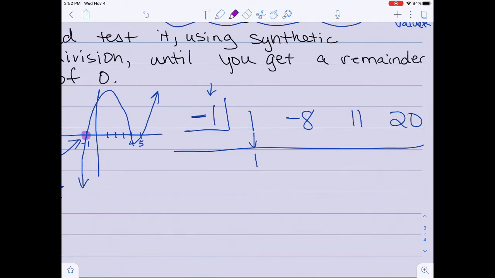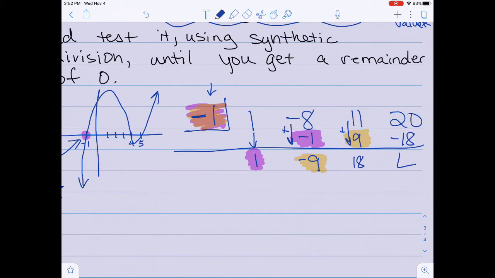We multiply the bottom number times the box to get the next number, and then add down, which is -9. Again, we multiply the bottom number times the box, which gives +9. Add down, and multiply the bottom times the box.